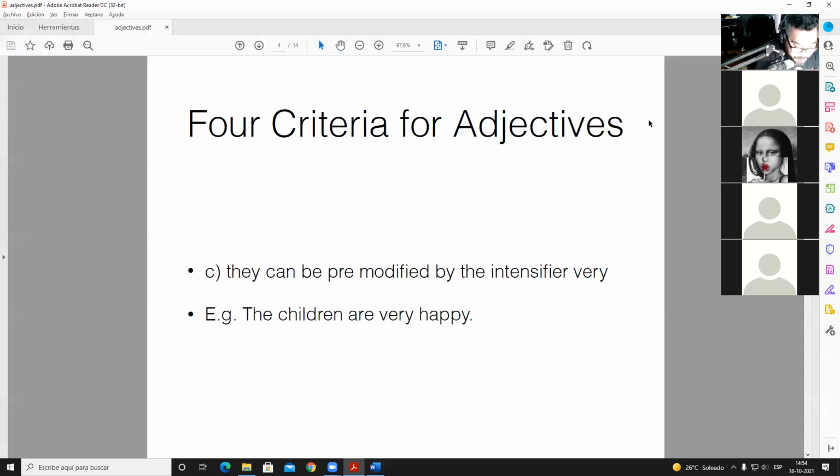Therefore, the third form in which we can differentiate adjectives is whether they can be intensified or not. Like in, for example, the children are very happy. Therefore, the adjective phrase very happy is composed of the adjective head happy and the adverb premodifier very. And very is an intensifier.